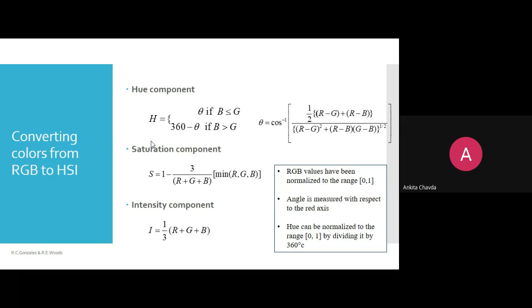So we keep the angle theta if blue is less than or equal to green. We are just considering one circle. If the circle goes beyond that, then we have to do 360 minus theta.